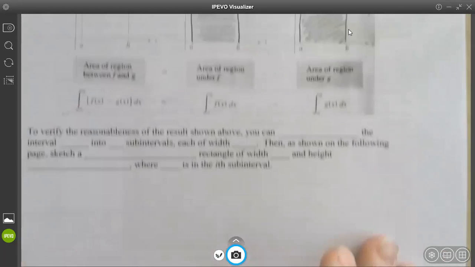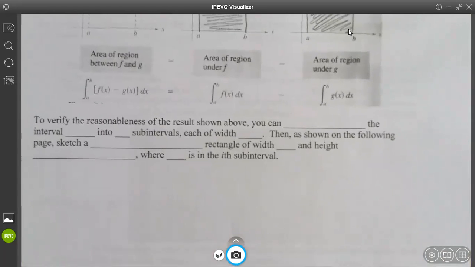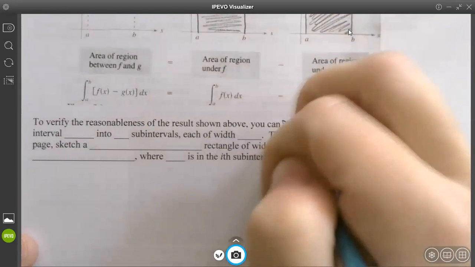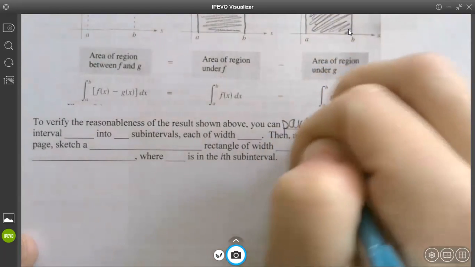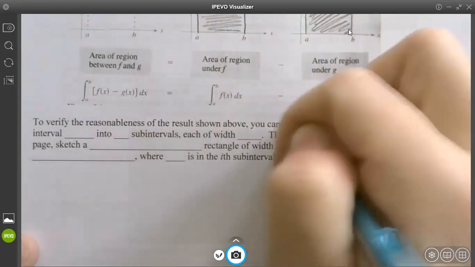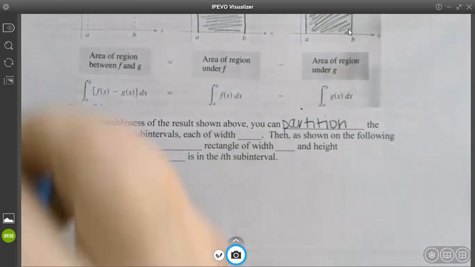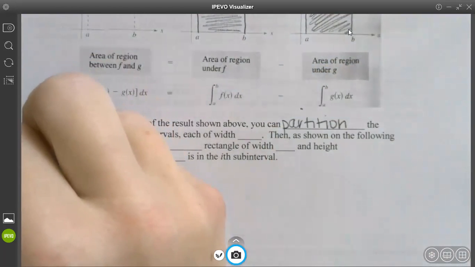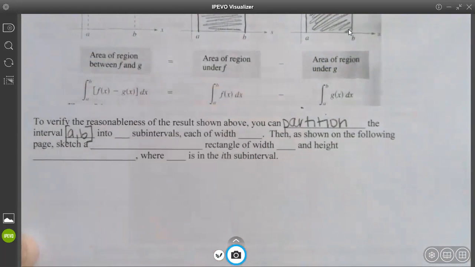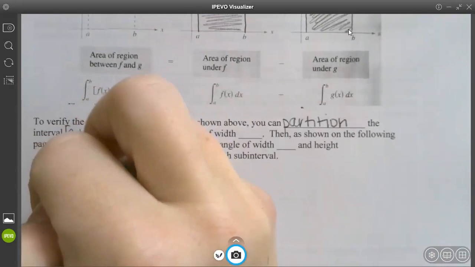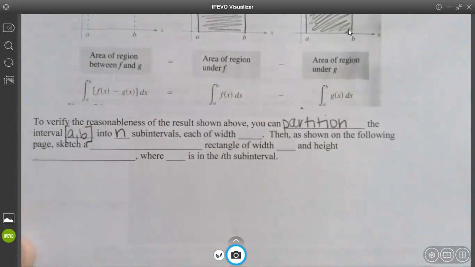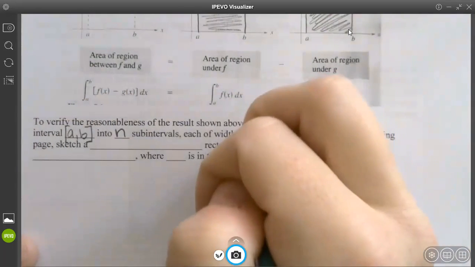Good. So to verify the reasonableness of the result shown above, you can partition the interval a to b into n subintervals, each of width delta x.